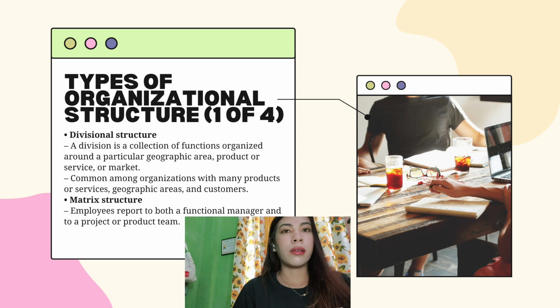Next one is the matrix structure. A matrix organization is a company structure where teams report to multiple leaders. The matrix design keeps open communication between teams and can help companies create more innovative products and services. Using this structure prevents teams from needing to realign every time a new project begins.